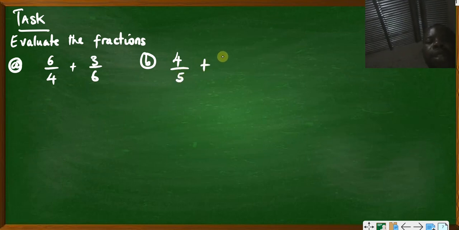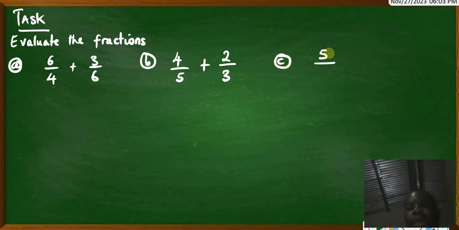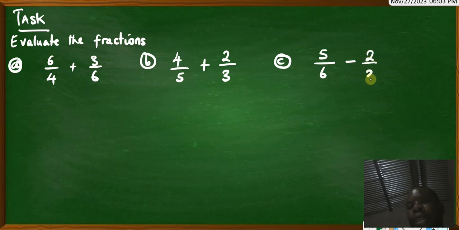Plus 2 over 3. Then C. Okay, so this one is 5 over 6. Then I'll say minus 2 over 3.